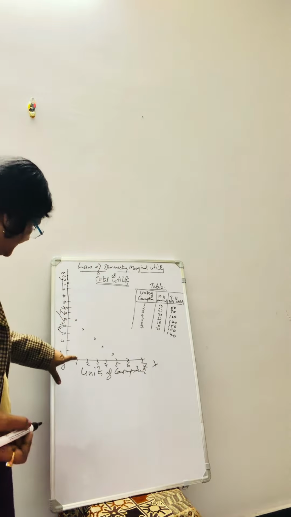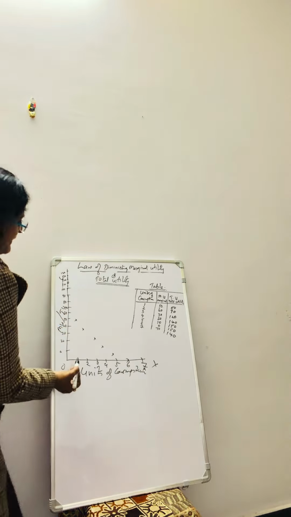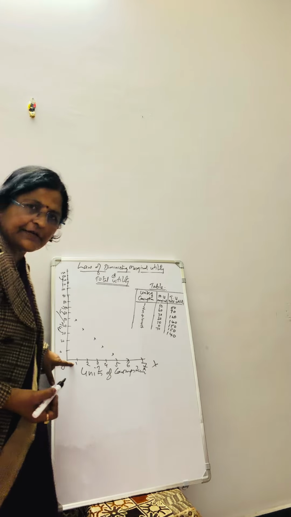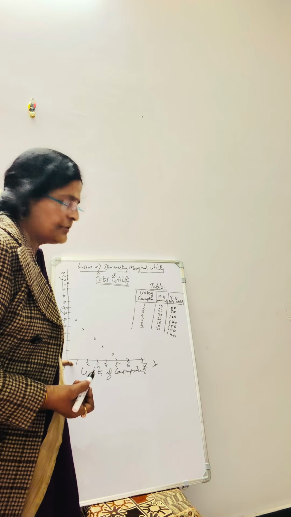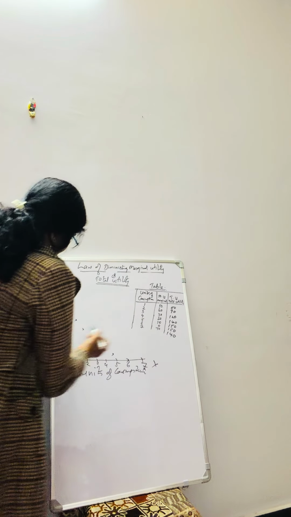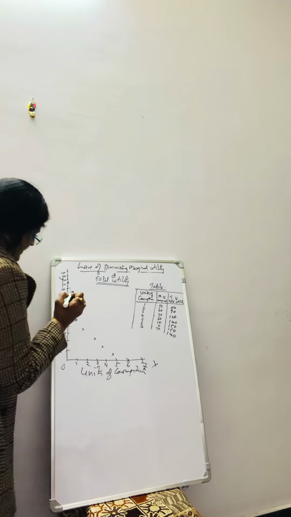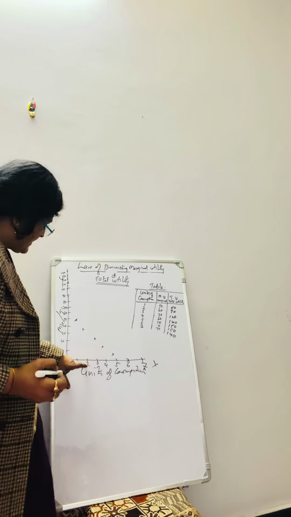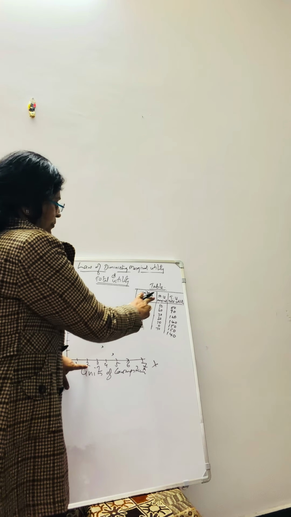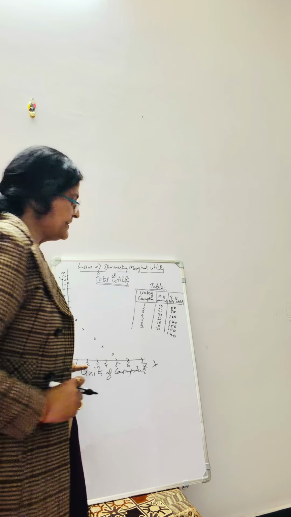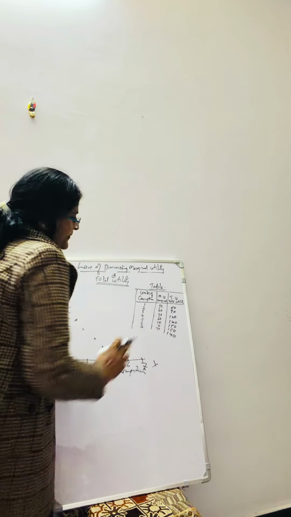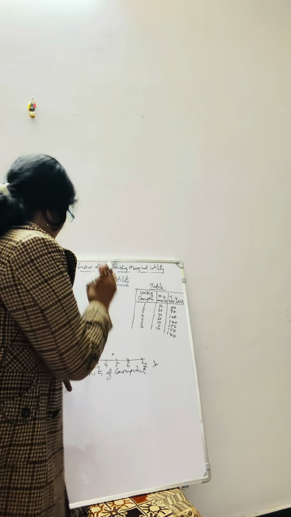Now coming to the total utility. When the first unit of the commodity was consumed, the total utility was 50, so here again 50. When the second unit was consumed, the total utility is 90. How is it 90? 50 plus 40, means 90.